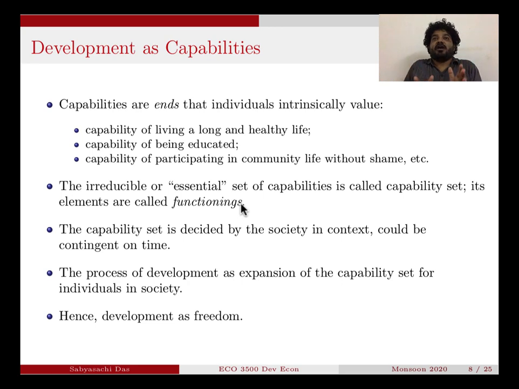So maybe today, if you look at India, vast majorities of the population have a very small amount of capabilities or functionings that they can achieve. And our goal as policymakers or as government or as society in general should be to expand this set of capability, because that will facilitate individuals to live a fuller life.